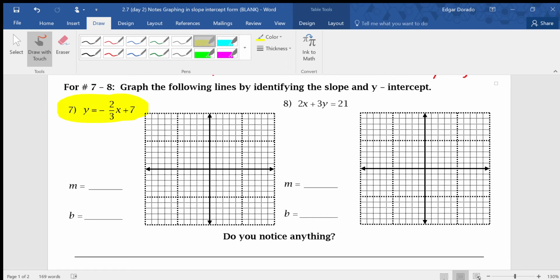We have two forms that we've been talking about: slope-intercept, and we've also talked about standard. This one already has the y isolated, so it's already in slope-intercept form, which is kind of nice. So let me write that in. This right here is slope intercept.